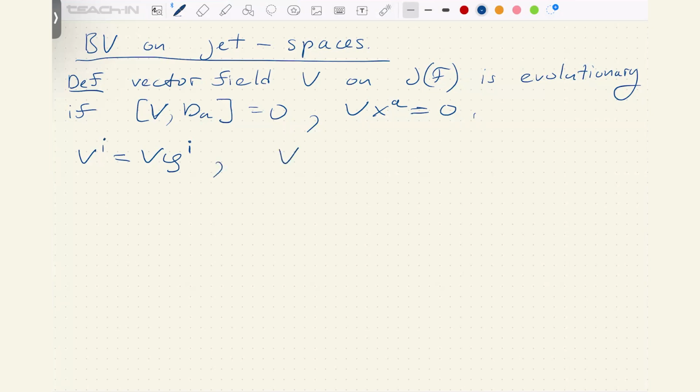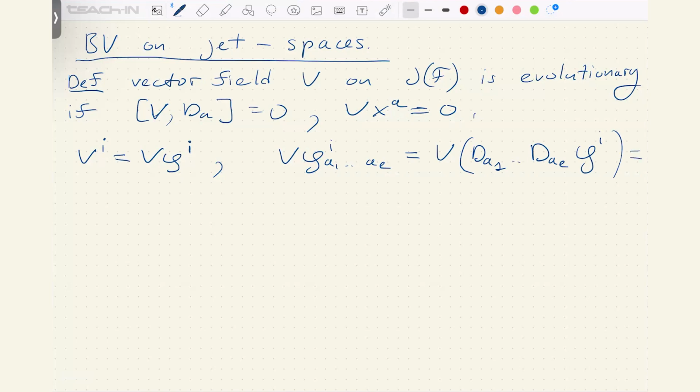Then we know that V acting on phi^i_{A1...AL} is nothing but V acting on d_{A1}...d_{AL} phi^i, right? Because our total derivatives act precisely like this in standard coordinates.